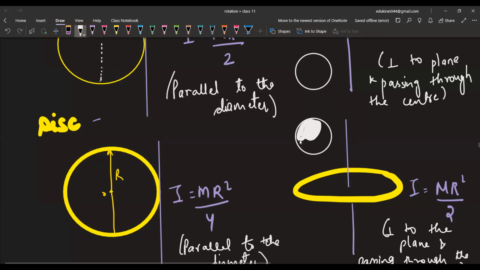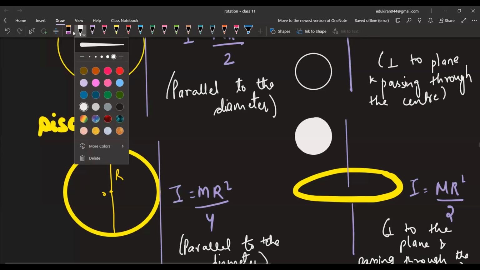A disk has all of its surface area completely covered, means there is mass present at all of the surface. This is surrounded by mass completely.